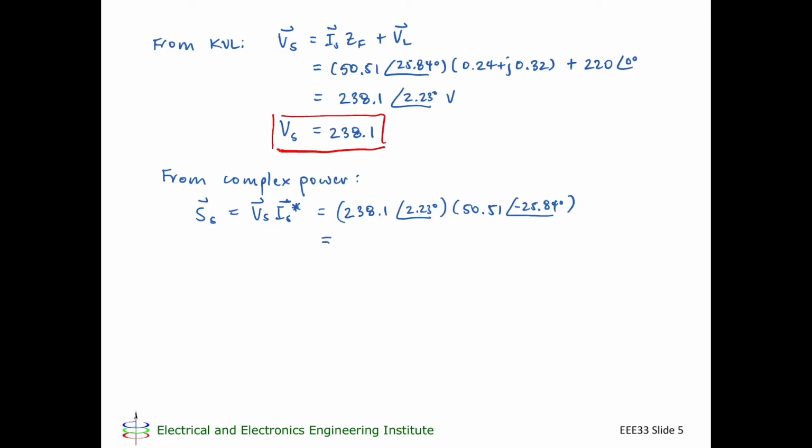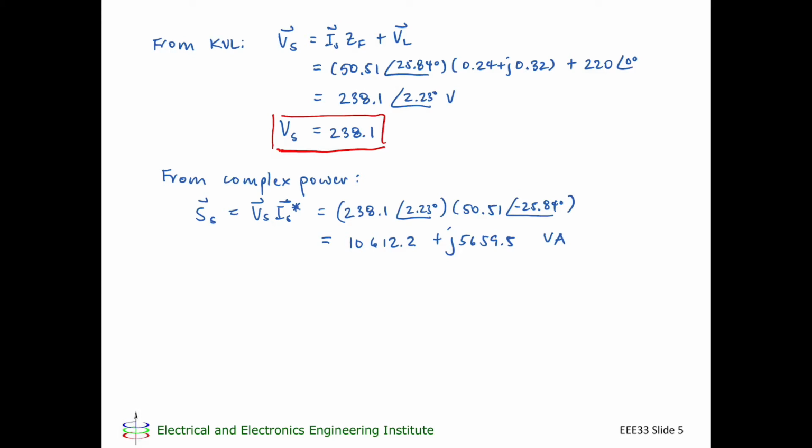And keying this into your calculator, you'll get 10,612.2 plus j5659.5. S is in volt amperes.